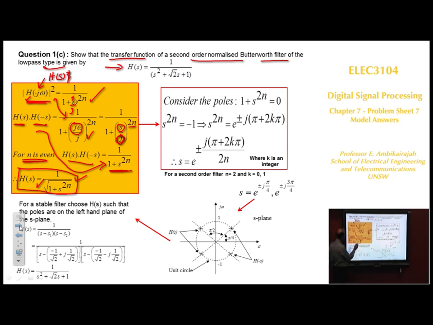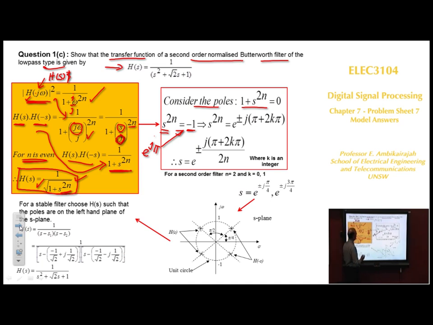Once you have got that, you start to work on it. These are the poles. Poles mean that part has to be 0. So you consider the poles: 1 plus s to the power 2n equals 0. That means s to the power 2n is equal to minus 1. Minus 1 in exponential form is e to the power j pi, which is cos pi plus j sine pi.